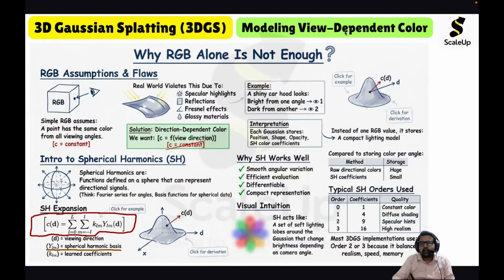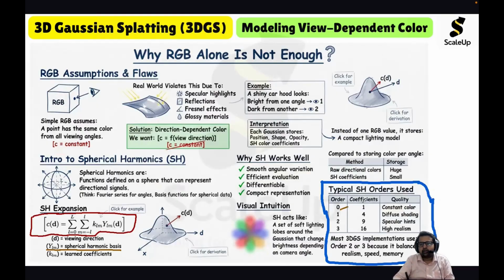To understand this properly, you should refer to this table. If the degree is 0, it means constant color, no variation at all. With degree 0 there is only one coefficient and a constant color.